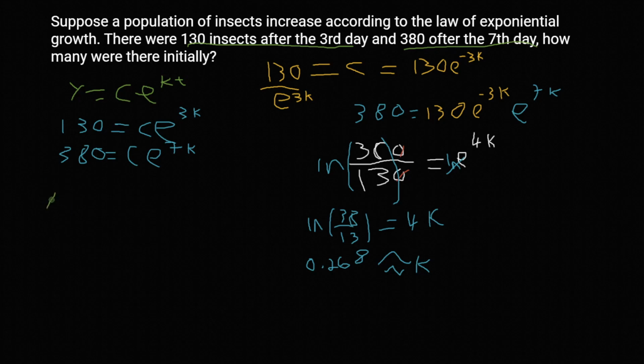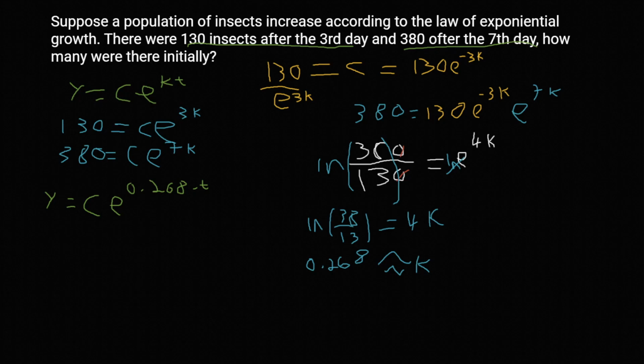So we have our population is equal to c. We still have not quite solved for that yet, but we know that it's going to be c e to the 0.268 times t.